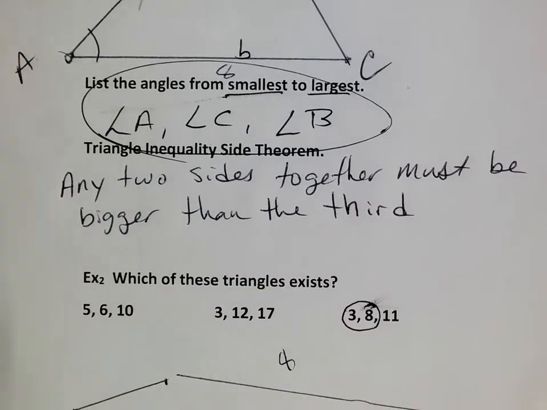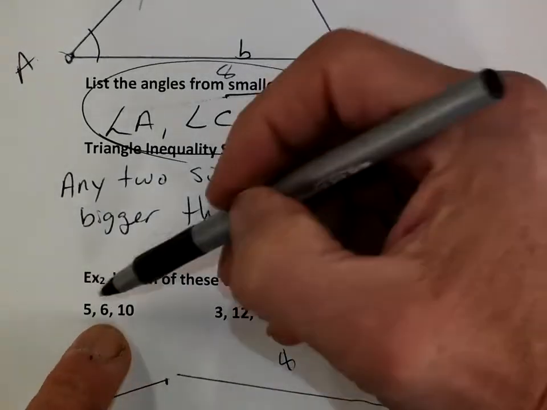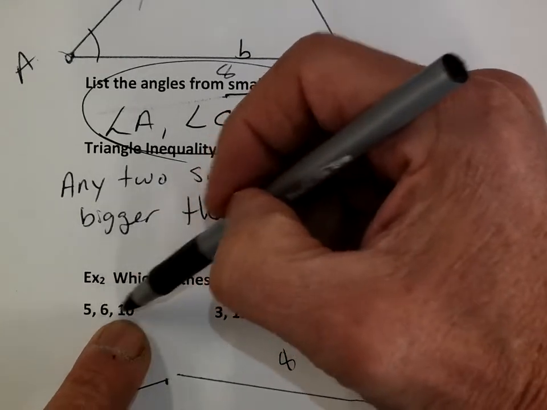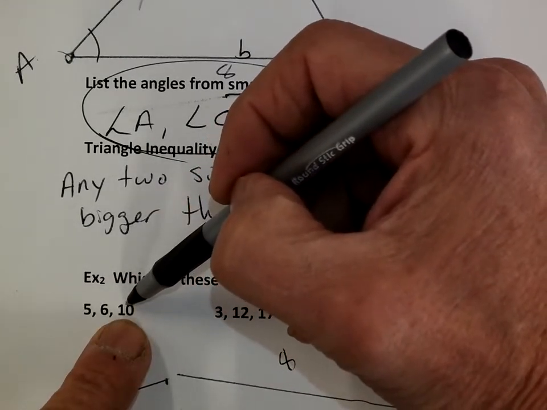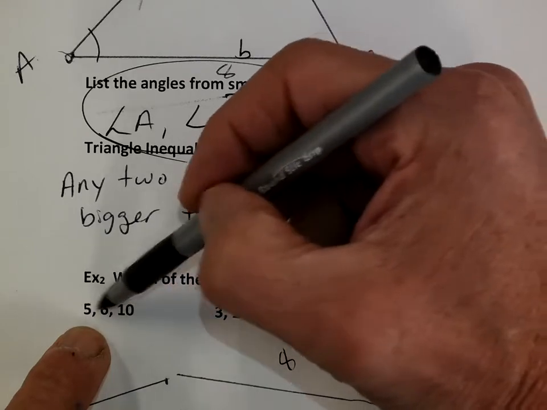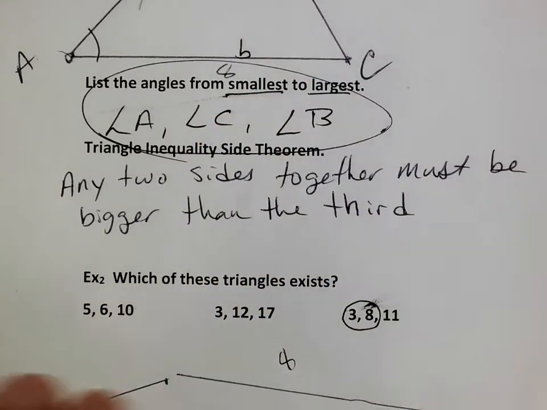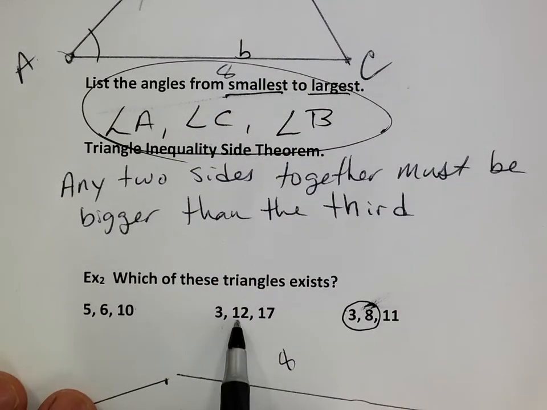So 5 plus 6, that's 11, that'll work. 6 plus 10, 16, that's bigger than 5. And 5 plus 10, that's bigger than 6. Any two.